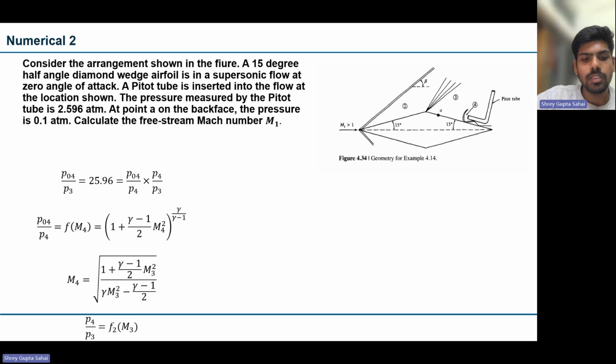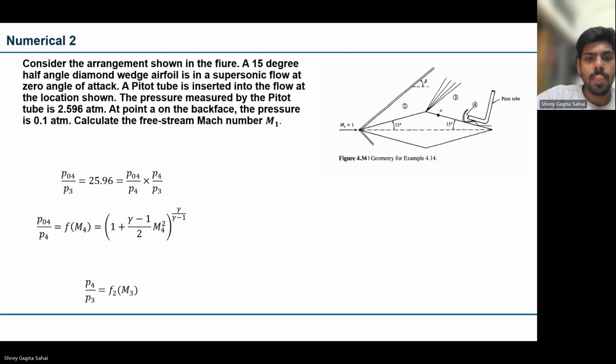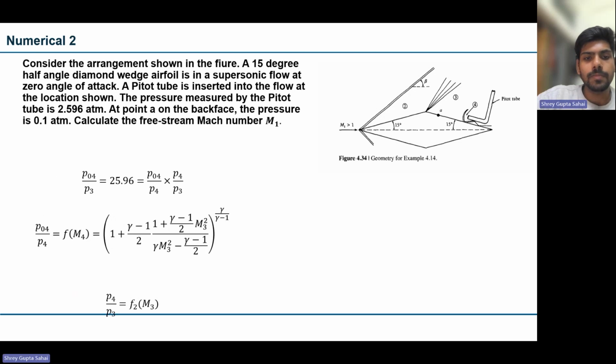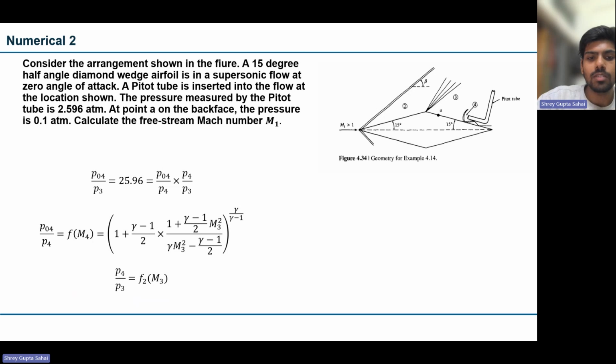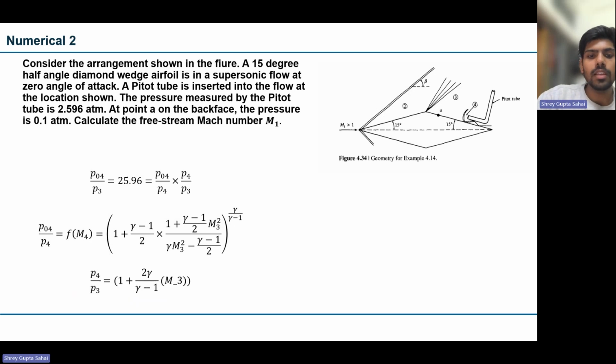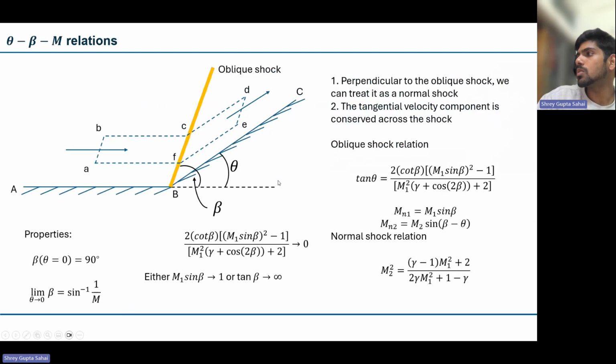So actually you can just simply substitute this value there, right? And again, this value also we have. This is basically 1 plus 2 gamma divided by gamma minus 1 times M3 square minus 1.